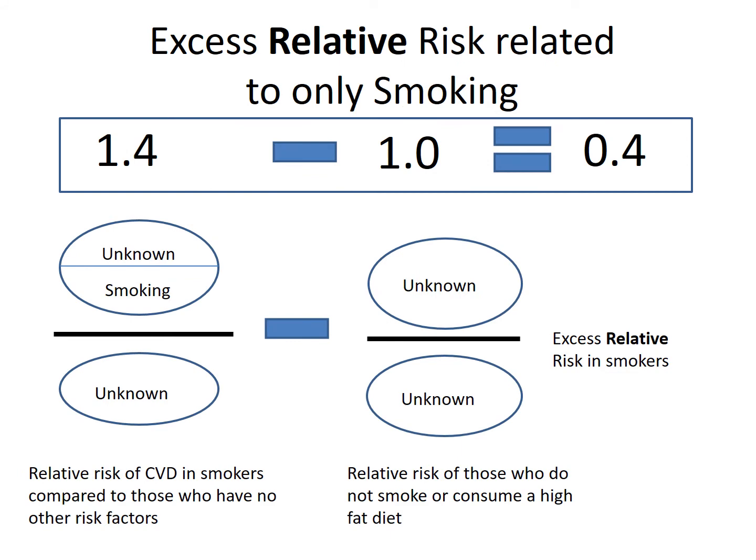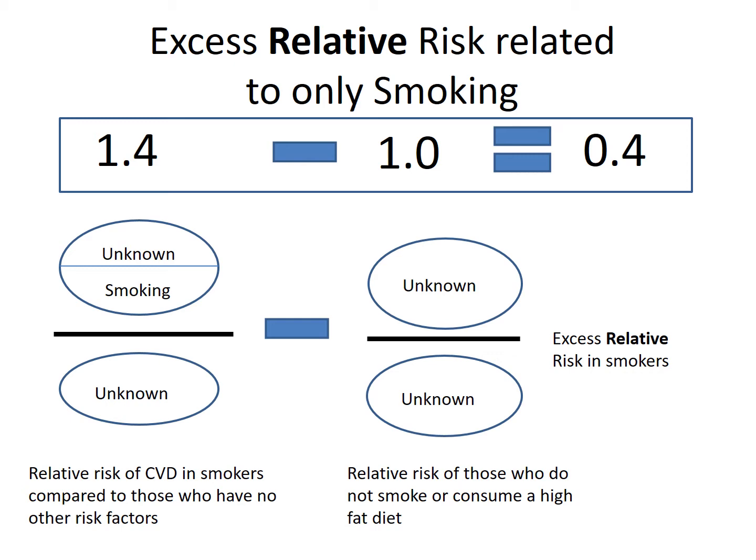So when you think of a relative risk, you're using your unknown, your non-smoking, non-cardiovascular disease group, both as your denominator, so that's how you get a risk ratio, but you're also using it in your minusing 1 group. And this may seem counterintuitive. Why would you take 1.4? You've already got this comparison group in your denominator of your risk ratio. Why then also subtract out the 1?